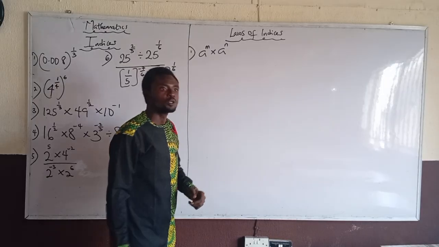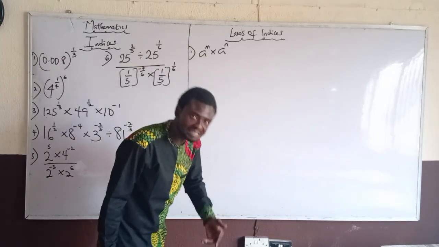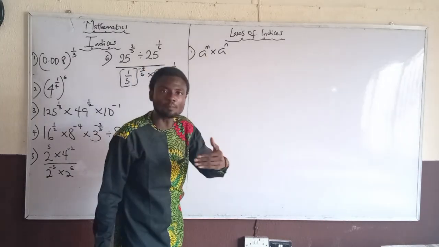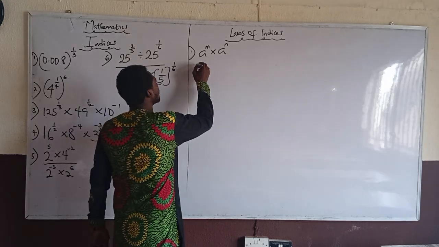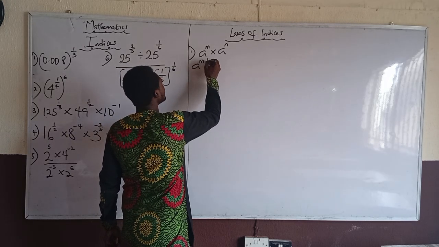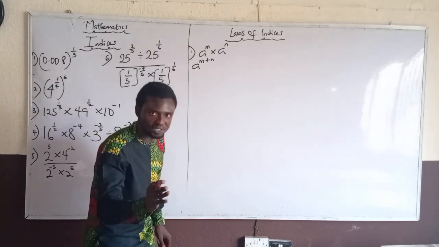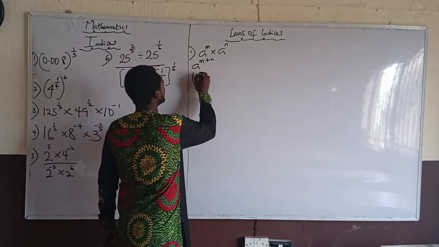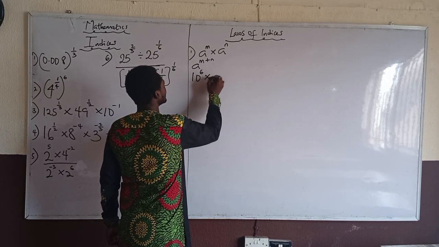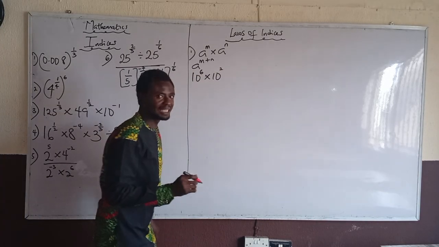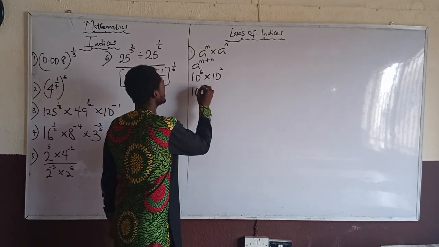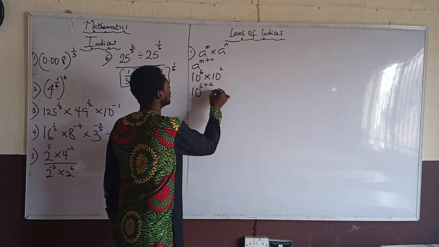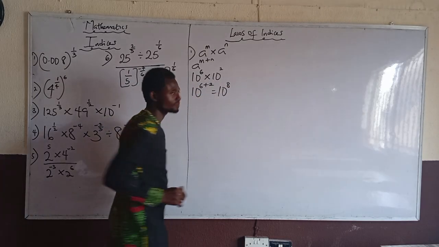So when you have numbers of the same base and you have multiplication between them, you pick one of the base and add the powers. Which means that if I have 10 raised to power 6 times 10 raised to power 2, it is simply 10 raised to power 6 plus 2, which is 10 raised to power 8.